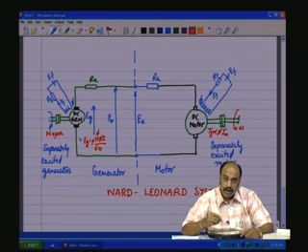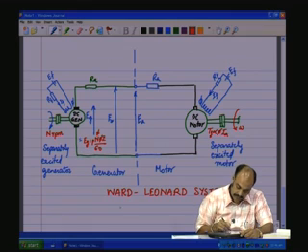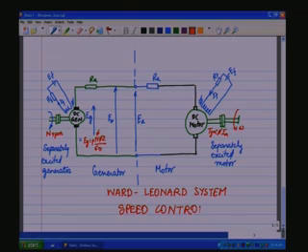This is called the Ward-Leonard speed control system. This is for speed control. This is a very rugged and useful method of controlling the speed of the DC motor, especially for high power systems.